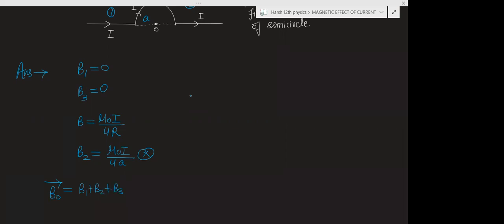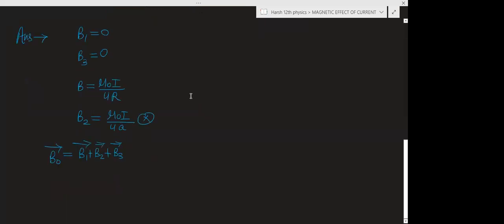I can write this now in the vector form. So the magnetic field at point O, this is the total magnetic field I am talking about, is equal to B1 equal to 0, and B2 equal to mu naught I divided by 4A, and this is inward.